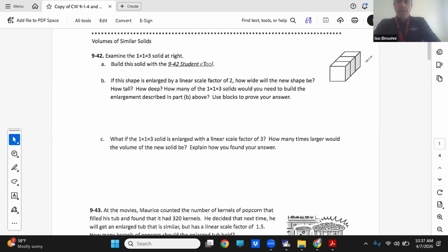If you enlarge it by a scale factor of 2, so you definitely have a block down here, right? You guys would agree? Definitely have another block over here. You agree as well, right? And also, if we're going 3 deep, but your scale factor is 2, how deep are we really going now?